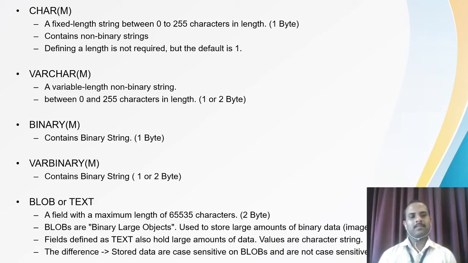Varchar M, variable length non-binary string. Again, it can hold up to 0 to 255 characters in length. That is when you are considering it as 1 byte, but in the newer version it is supporting 2 bytes, so it can hold up to 65,535 characters.